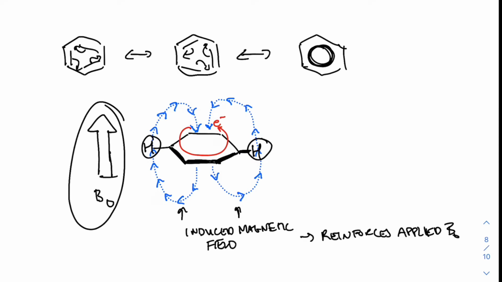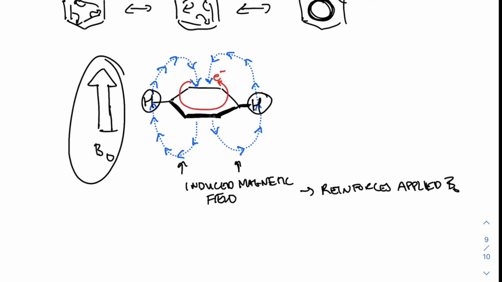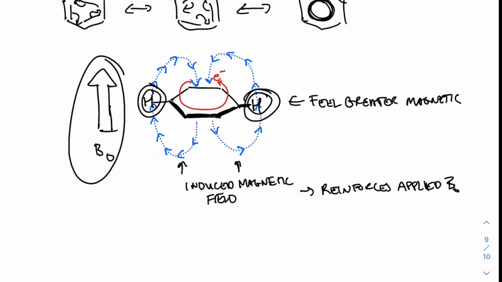Essentially, remember when we're talking about the applied magnetic field and how much that proton feels based off of the electron density, since this proton on the ring and that proton on the ring feel a greater magnetic field, they are de-shielded.